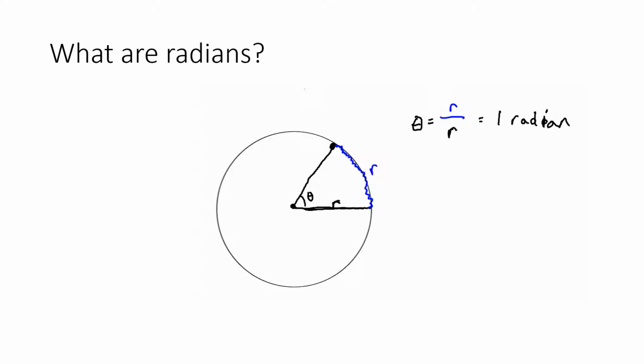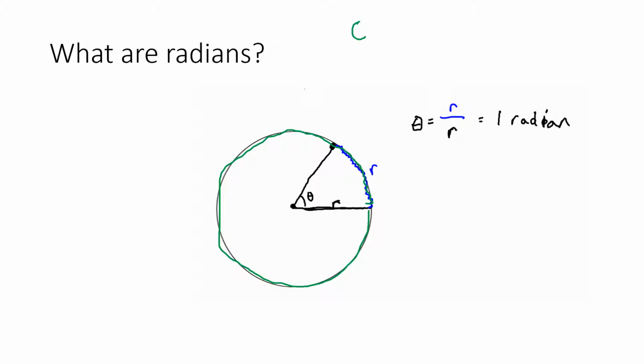So since we know that, how do we represent the entire distance traveled around the circle? If we started here and kept going the entire distance around, what do we normally represent that as? We would normally call that the circumference.